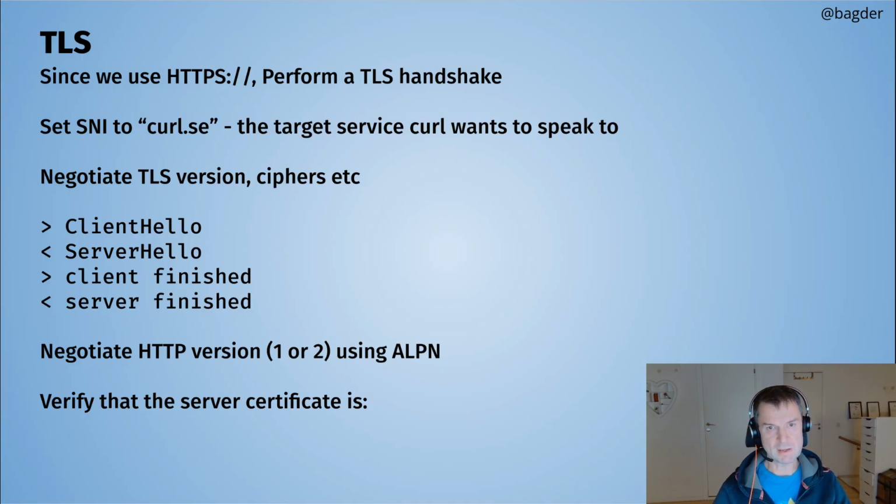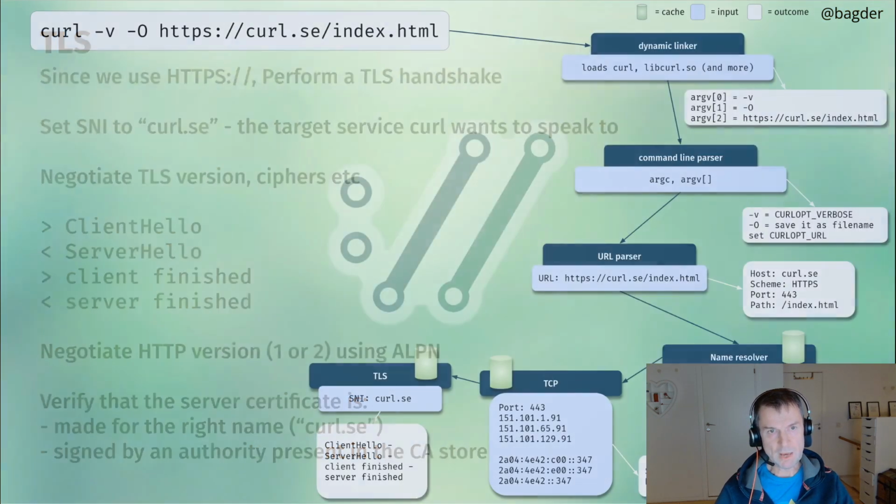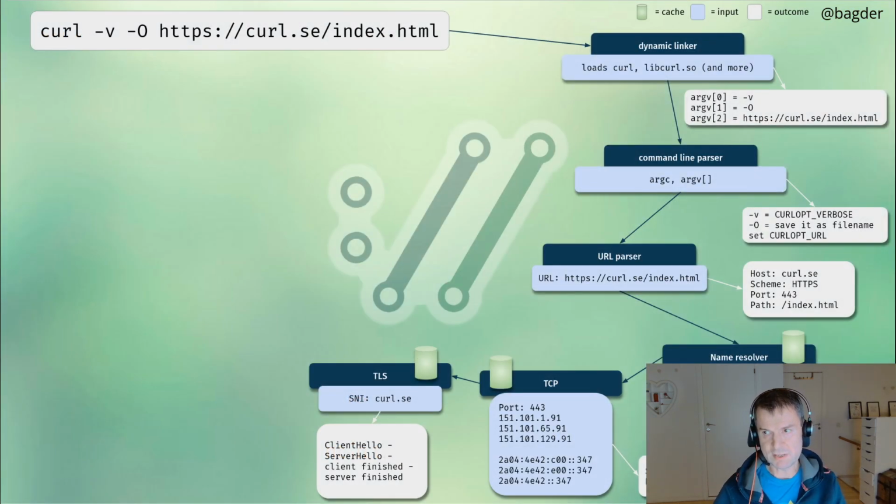It is signed by an authority that we have in our CA store. And the names in the certificate also match the name in the URL. And if it does, we can move on. Then we have an established TLS connection.